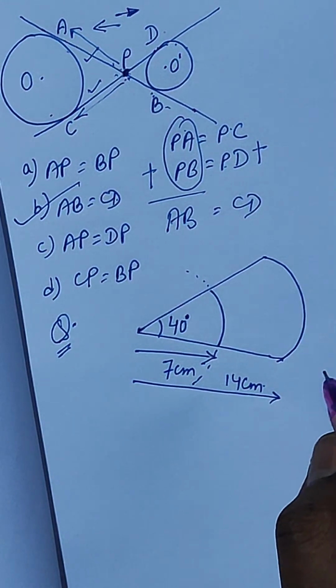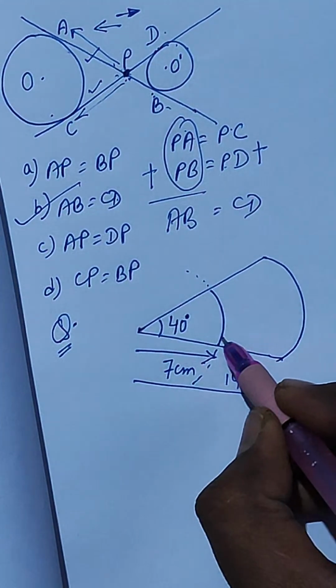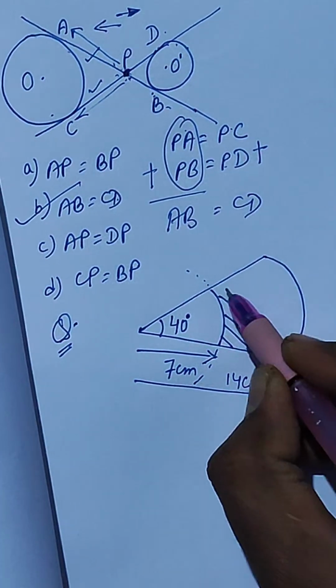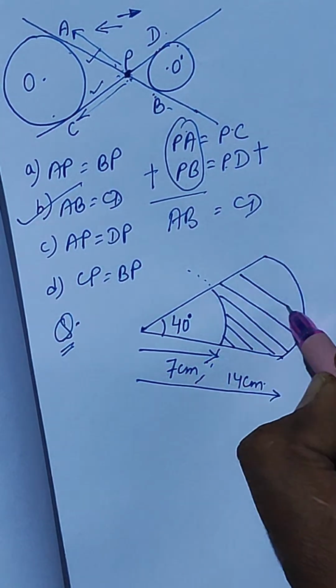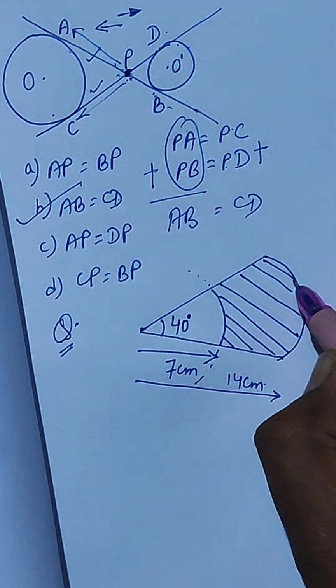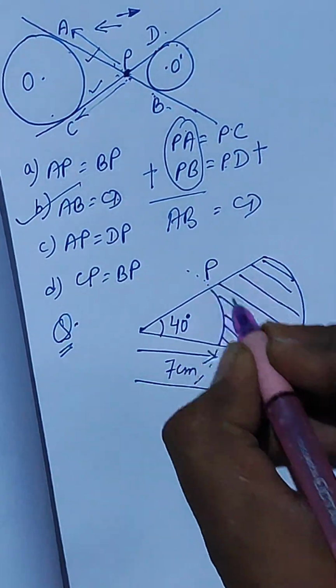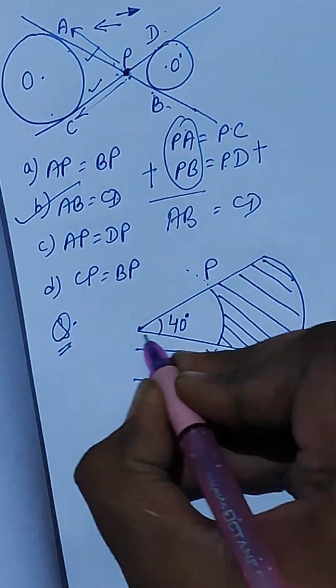Now in the given figure, the perimeter of the shaded area, that means if this is the shaded area given to you, then what will be the perimeter of this shaded area? Let us say this is P, S as given in the question.